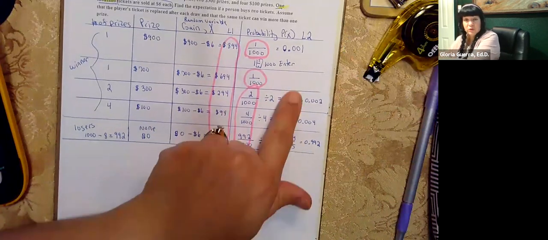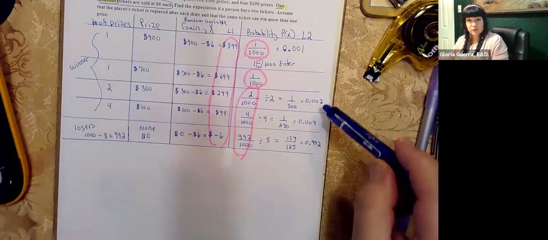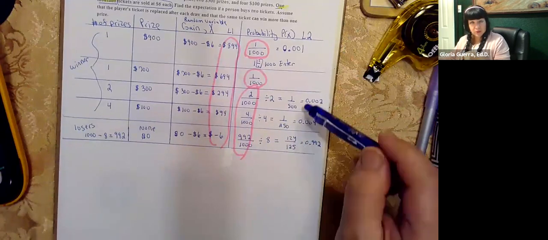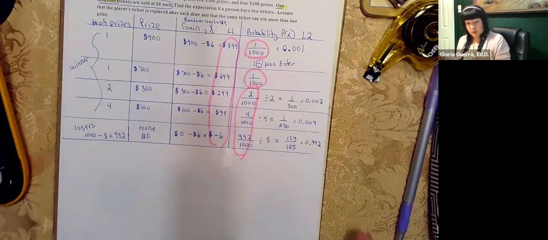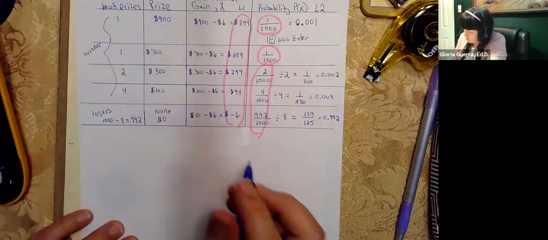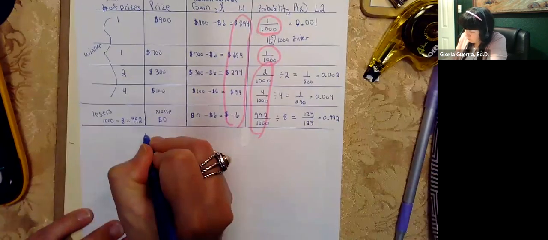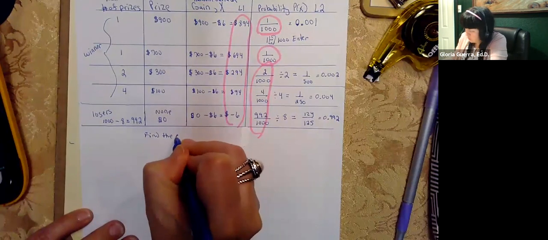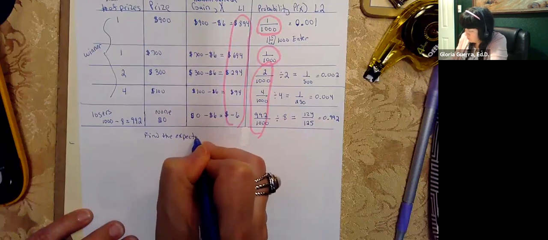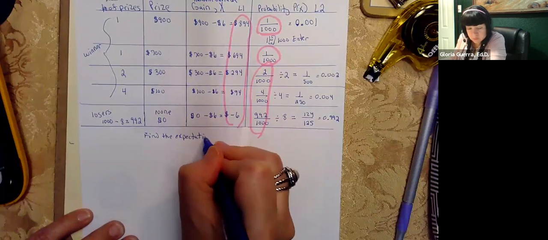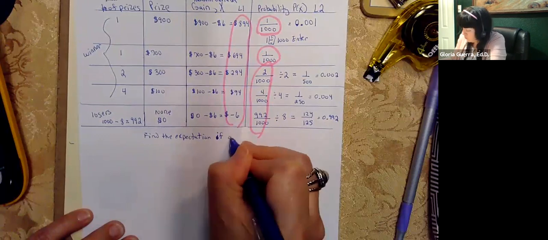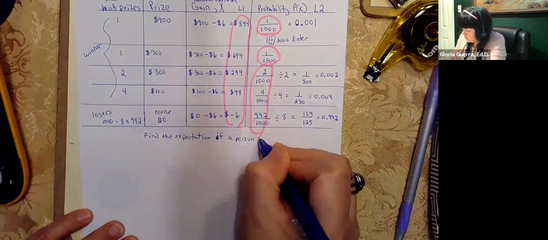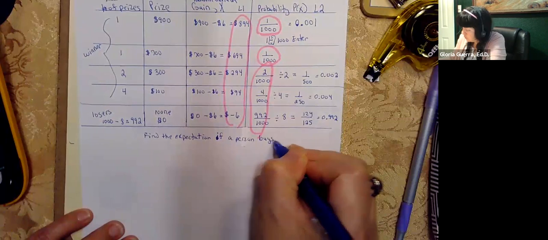As long as they terminate, you can also simplify these. If they didn't terminate and they were repeating, then you can't round off on your own; you'd have to use the exact value. And what we're trying to find is, remember, the expectation. The expectation if a person buys 2 tickets.